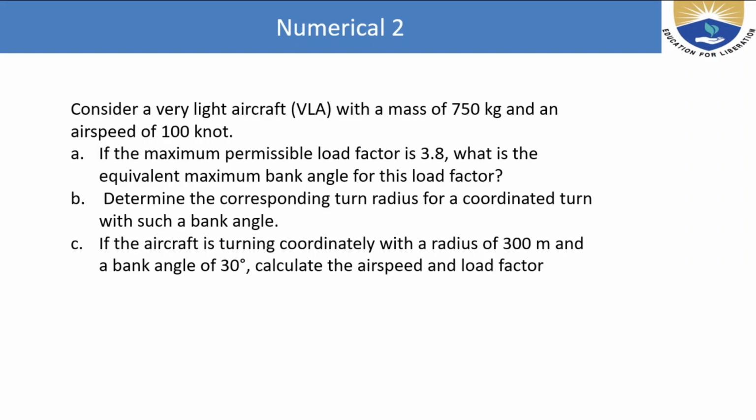So here we have to find out the bank angle. Next, determine the corresponding turn radius for a coordinated turn with this bank angle. If the aircraft is turning coordinately with a radius of 300 meters and a bank angle of 30 degrees, calculate the airspeed and the load factor. This we have to see.